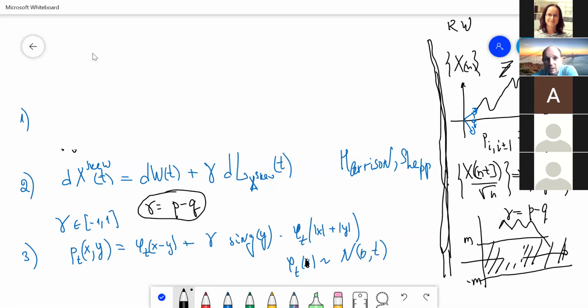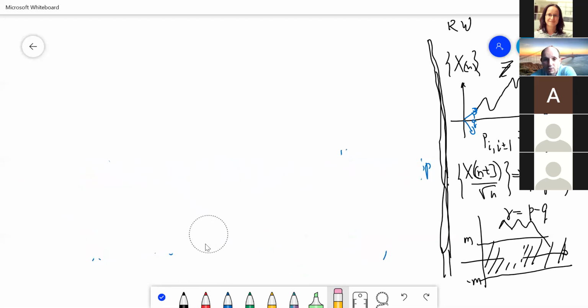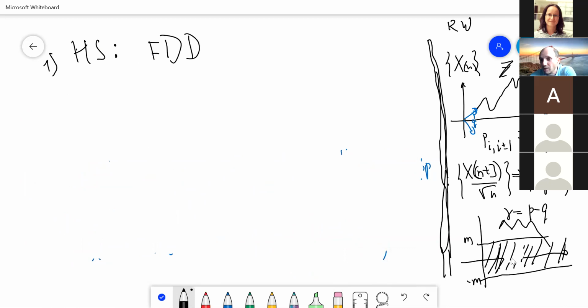There are different ways to prove this convergence. Harrison and Shepp just calculated finite dimensional distributions explicitly, finite dimensional distributions plus compactness. But it's almost impossible to find a nice formula for finite dimensional distributions in this model.